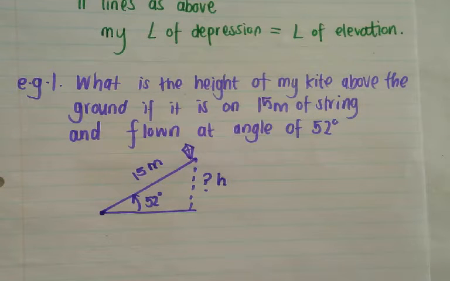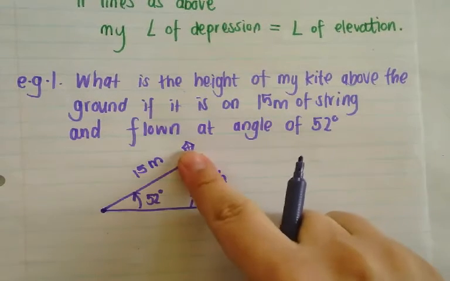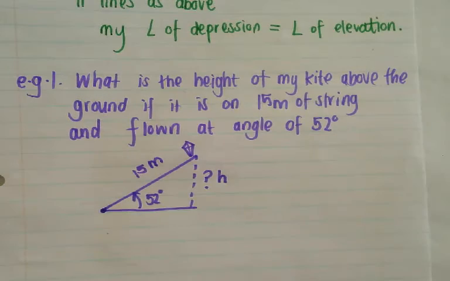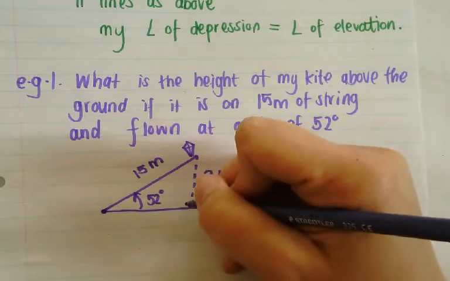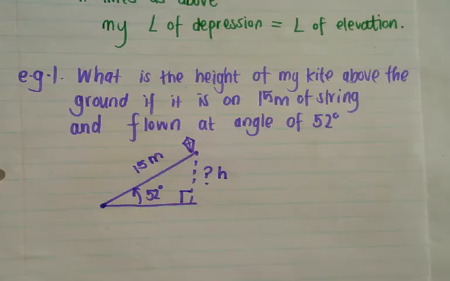Pardon? My string is 15 meters. If this is forming a 90-degree triangle, which side is my 15 meters? It's my hypotenuse, right? What is the height of my kite in relation to my 52 degrees?